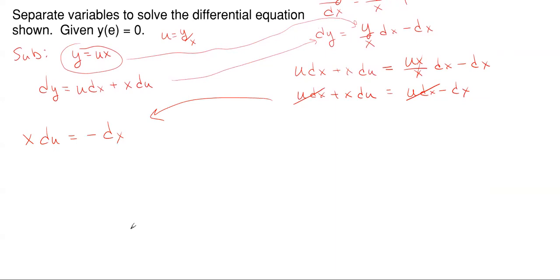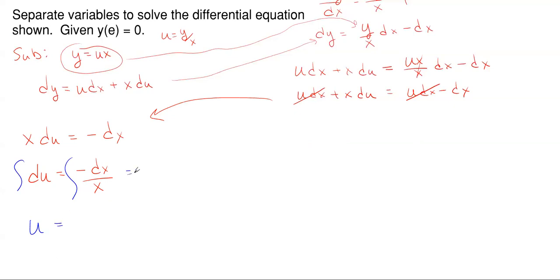Well, now we can truly separate the variables because it is so much easier now with that substitution taking place. So we'll just take x to the other side. So we have du is equal to minus dx over x. All right, now since we have the variables completely separated, we can integrate both sides, and we will get u, because du will just become u.